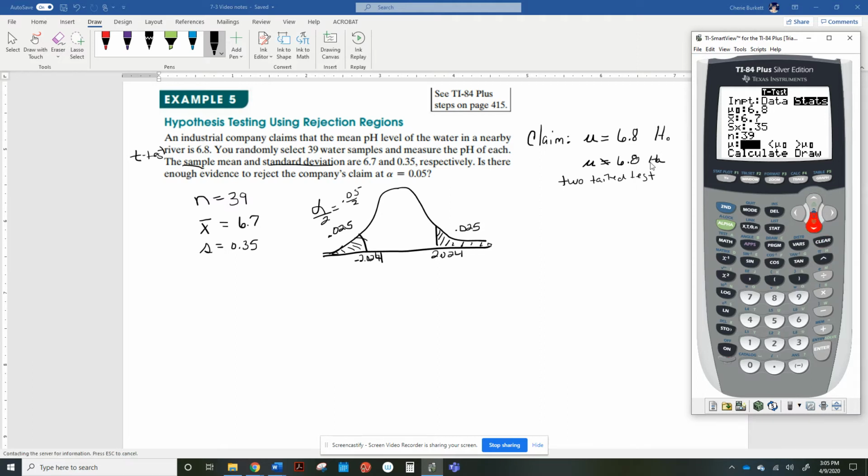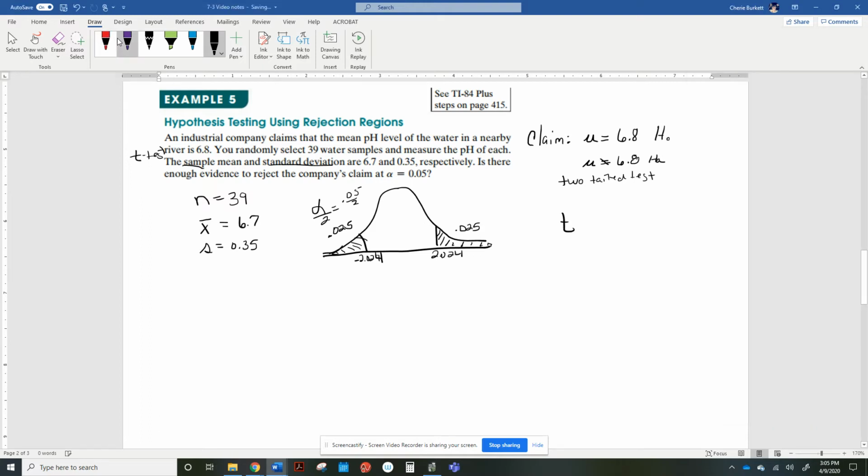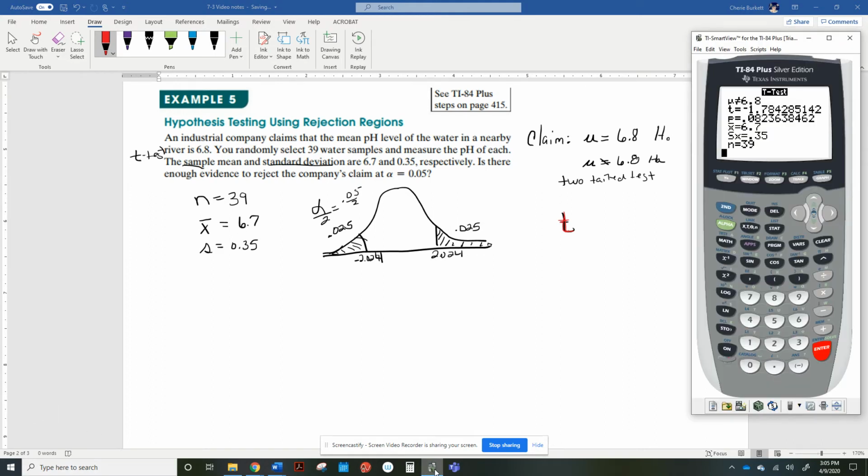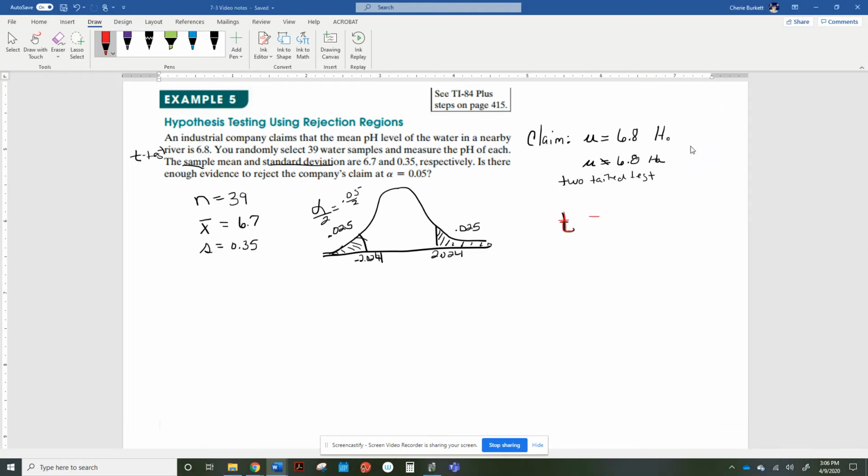The alternative is not equal to, so I'm going to leave that one highlighted and I'm going to calculate. And it gives me a p-value, and it also gives me a t-value. The t-value that it's giving me is -1.78.